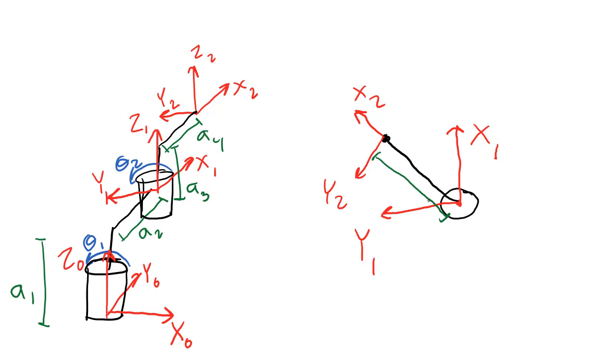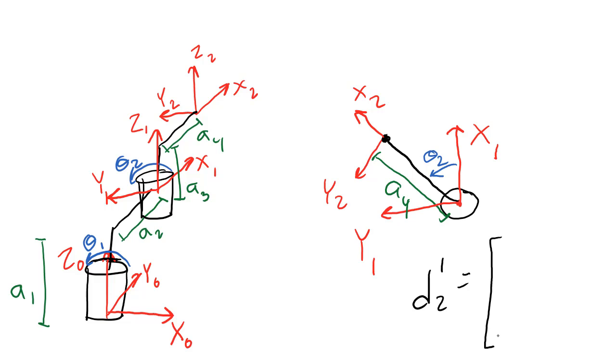In this picture, this distance here is the link A4. And this angle here is the angle θ2. Can we use this information to find the displacement vector from 1 to 2?